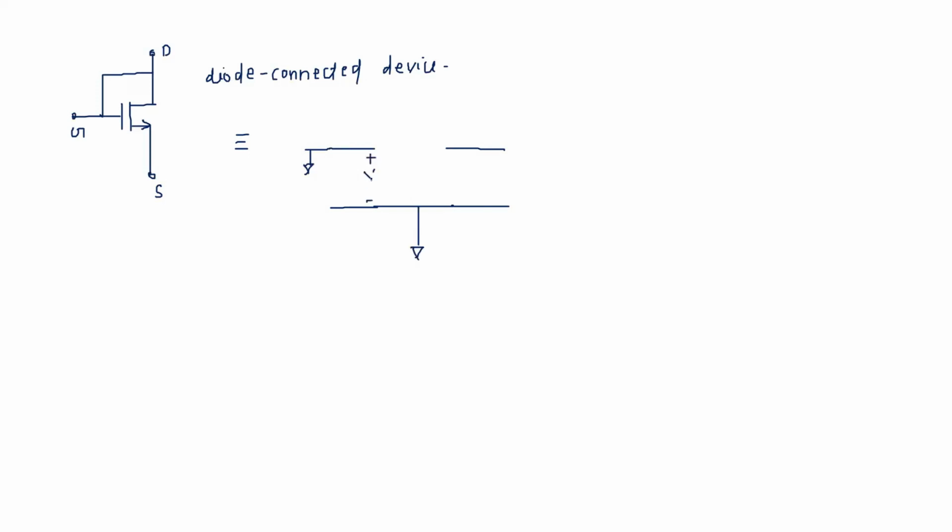This is your VGS, and this is your gm VGS, and let's consider r0, and this is your drain, and here we are applying the test source because we are calculating the impedance from the side of drain. So it is Ix. In this, we are saying that the gate is connected with the drain. So just make it short.